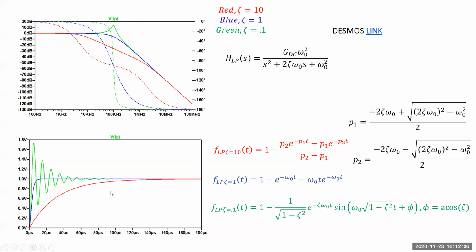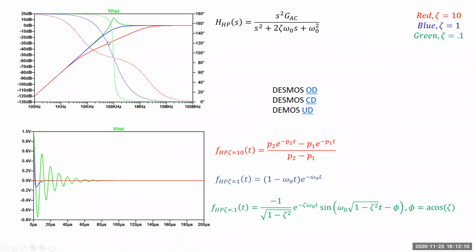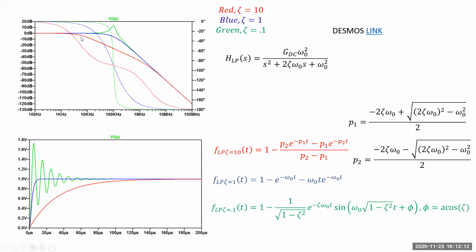So here, I have 3 different damping ratios. And notice this damping ratio is so large. I have 2 different poles, and the slow pole is the one that's dominating. So this almost looks like it's first order. If I zoomed in, you'd see a little S type thing, but even here, I think it'd be very hard for you to tell that this was actually a second order filter and not a first.